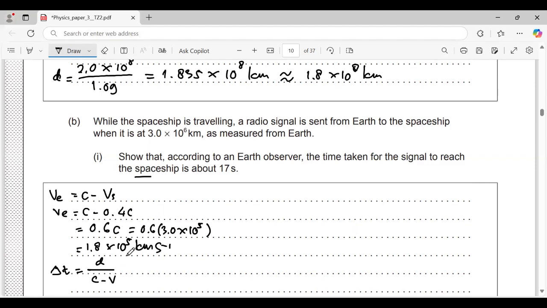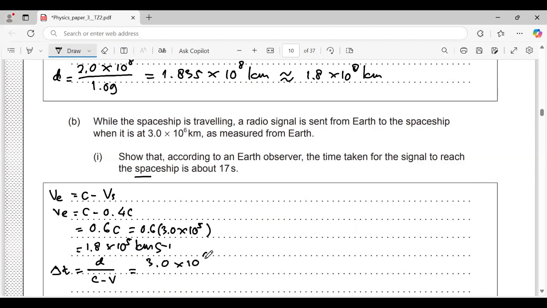This is the distance traveled by the signal in the Earth frame, this d. C is the speed of light, and v is the velocity of the spaceship. Delta t is the time of travel.